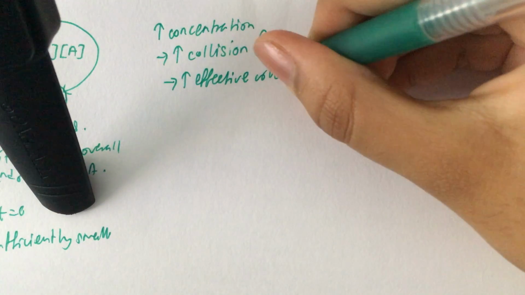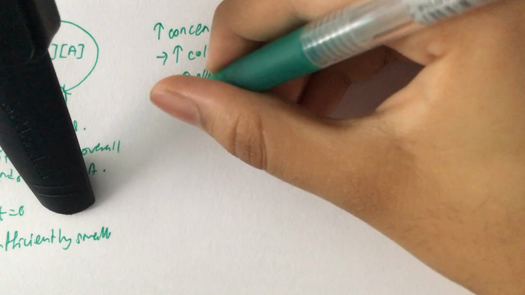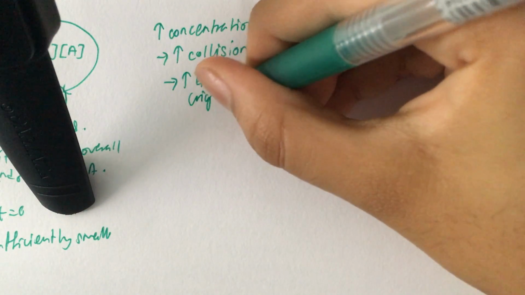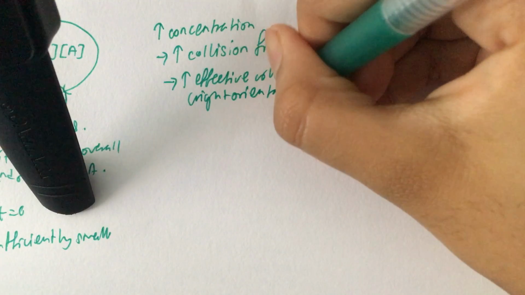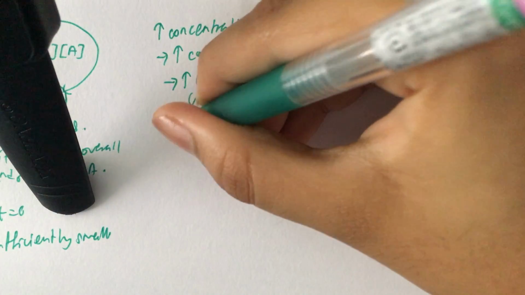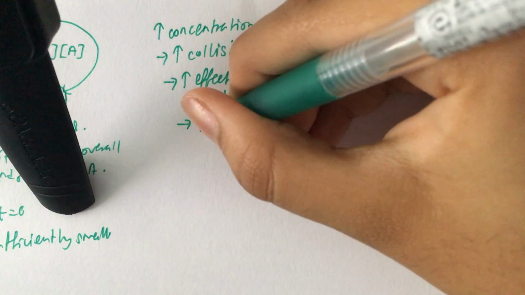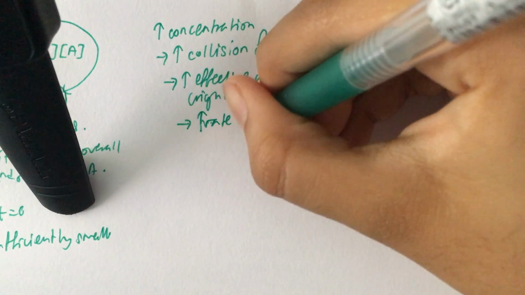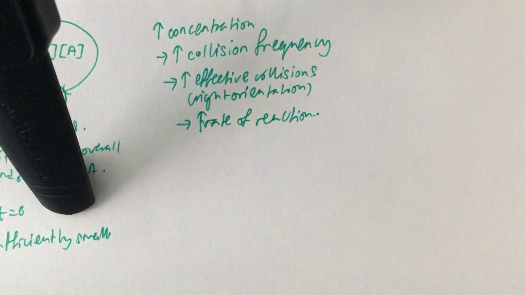I'm pretty sure there's supposed to be more words than that, but that's the gist of the entire explanation. You must make sure that if the concentration is increased, there are more particles or molecules in the solution within the same volume, and therefore they have less space to move and are more likely to collide with each other.